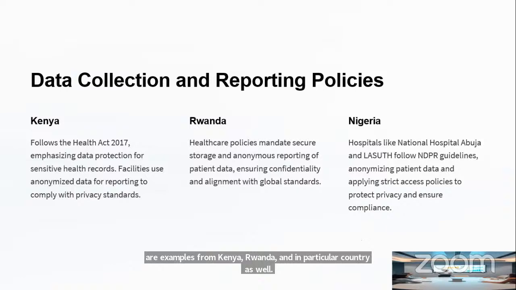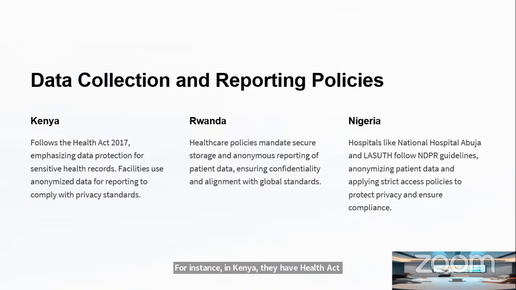For instance, in Kenya, they have the Health Act 2017 that emphasizes data protection for sensitive health records. So usually facilities make sure they use anonymized data for the purpose of reporting, in order to comply with this, so that they avoid litigation or legal issues.